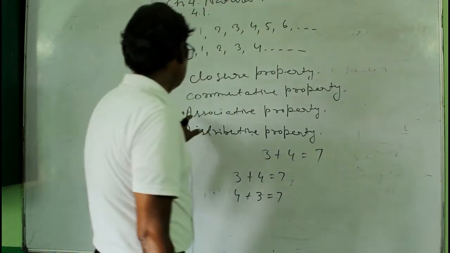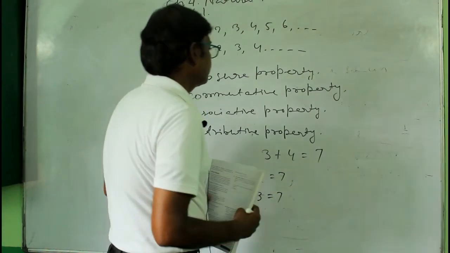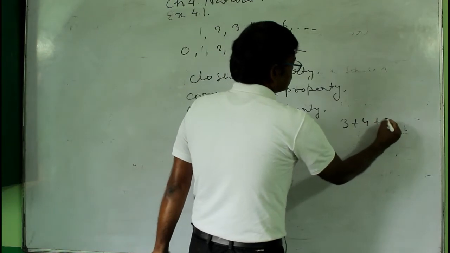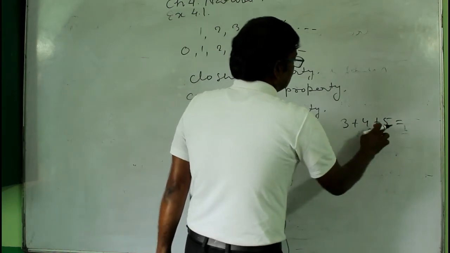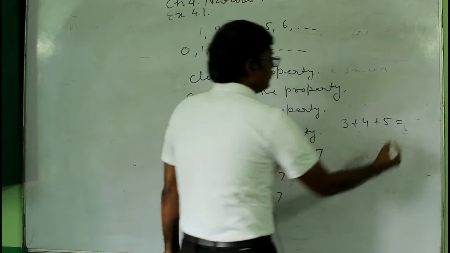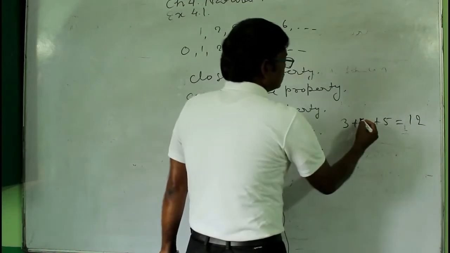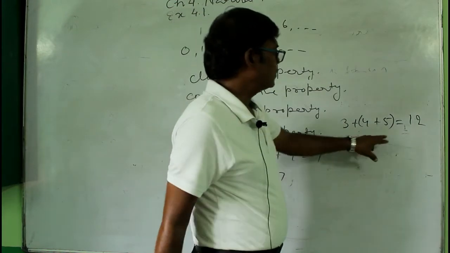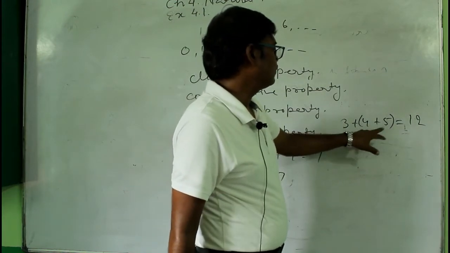Then next is the associative property. So associative property means if you take the numbers like 3 plus 4 plus 5, okay, equal to how much here? 5 plus 4, 9 plus 3, 12. Now here see, write this in the bracket. That is, now first we have added 5 plus 4, this is 9 plus 3, 12.